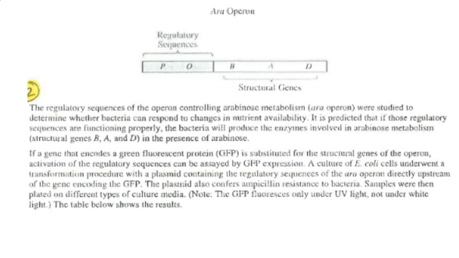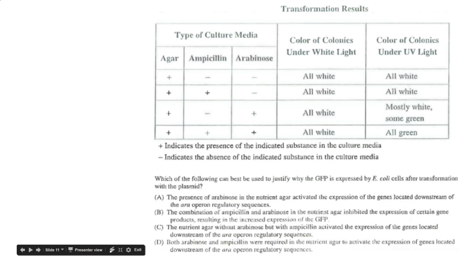So one thing to keep in mind is that the ampicillin resistance is not within this operon. Only the GFP is within this operon. The ampicillin resistance is separate from it. So you have this culture media. You have agar in all of them. The positive indicates that the substance is present, and the minus says it's not there.